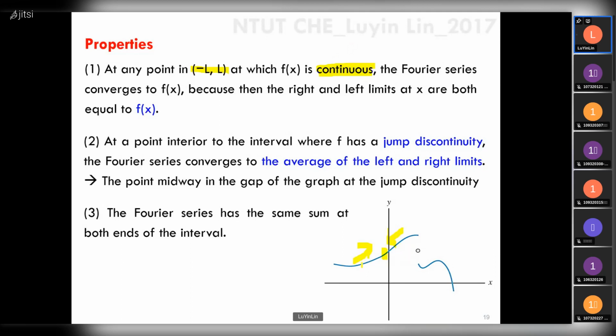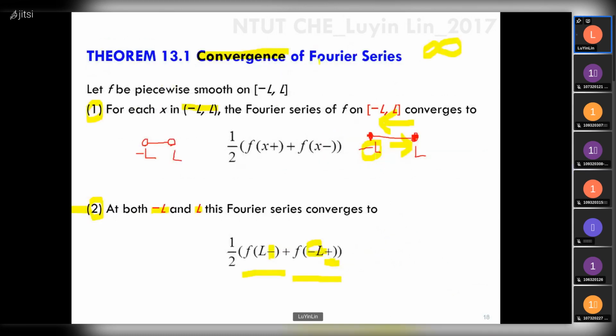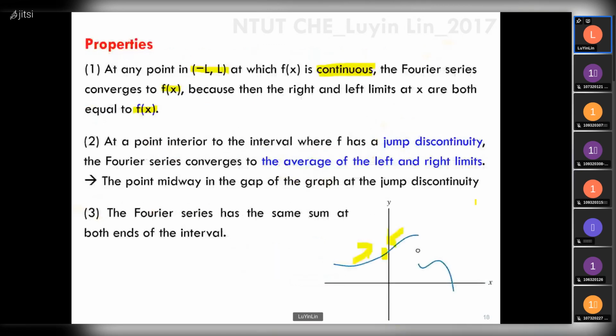So if you sum up this value and divide it by 2, you will find the same value, f of x. You can see again. If this value is equal to this value, you add this one to this one and divide it by 2, you will get f of x. Okay, the only value. You will get f of x.